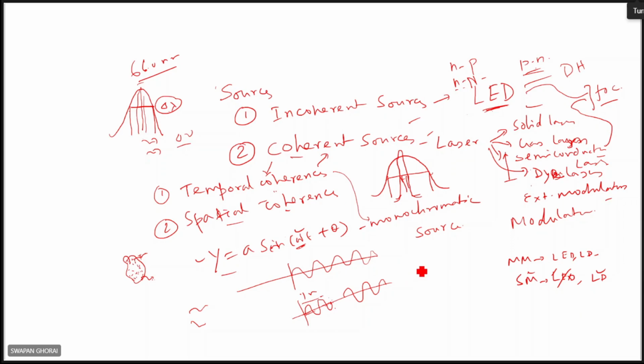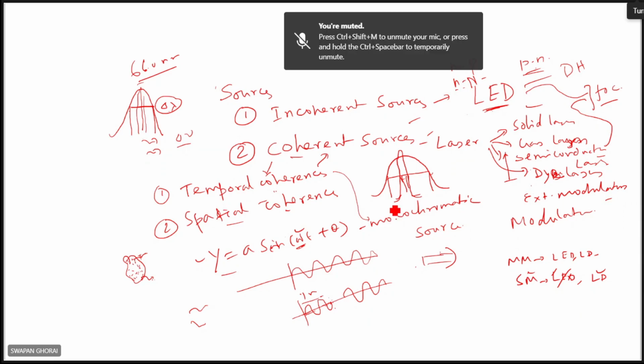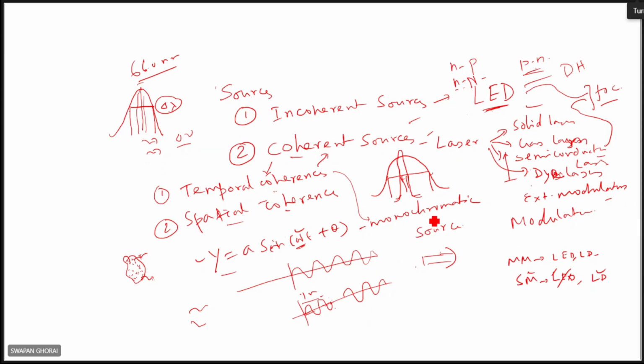You know, when you see a laser source, you see it goes straight. You can even have a reflected beam from several kilometers away, even from the moon. But with normal sources, after a certain distance there will be no trace of them, right? That property exists in coherent sources because they have very high spatial coherence.